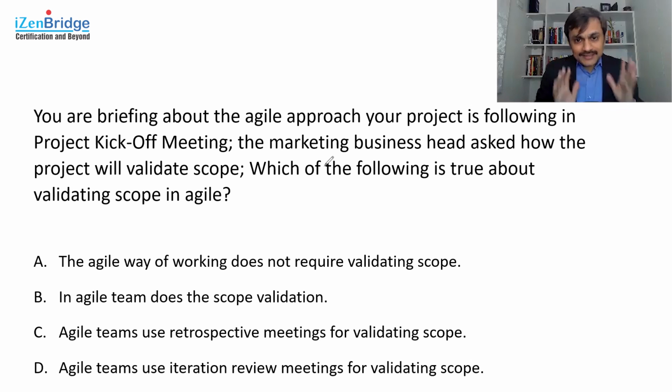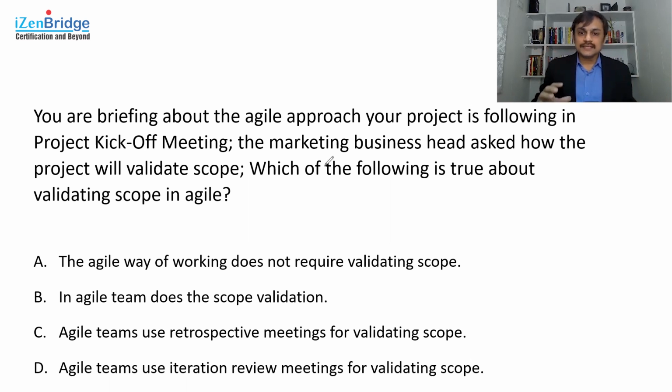Okay, so rather than looking at the options, I directly want to talk about the situation. You are briefing about the project and the approach your team is going to take, and someone is asking how you are going to validate scope.